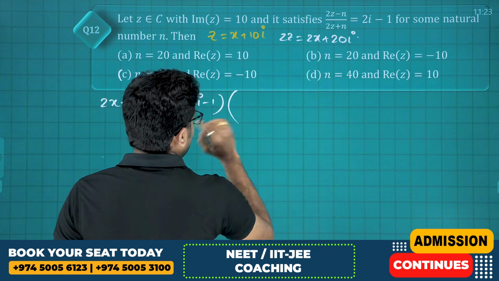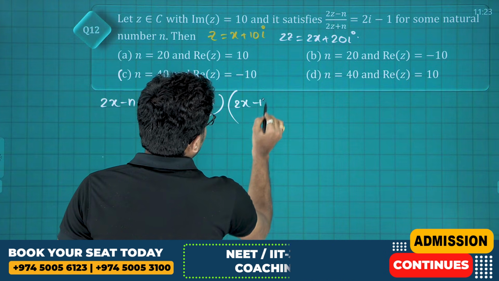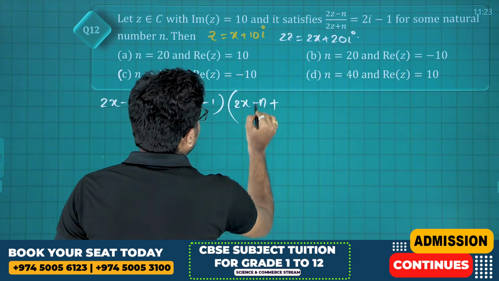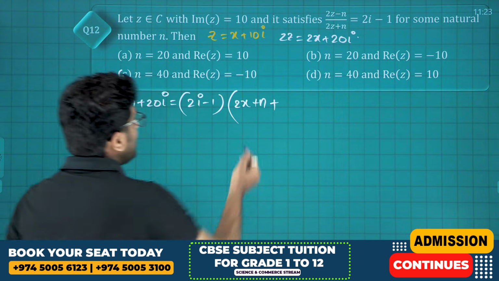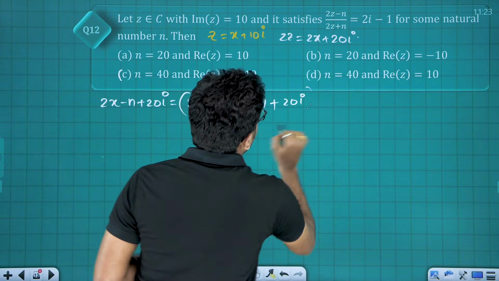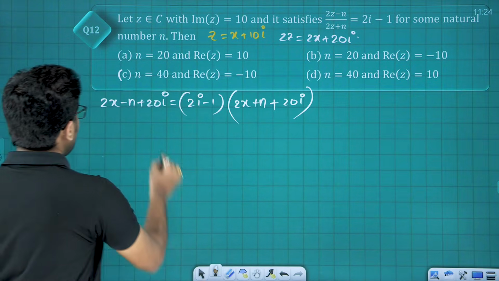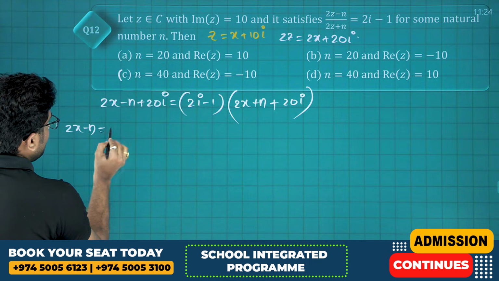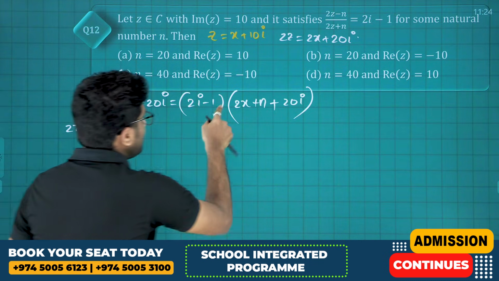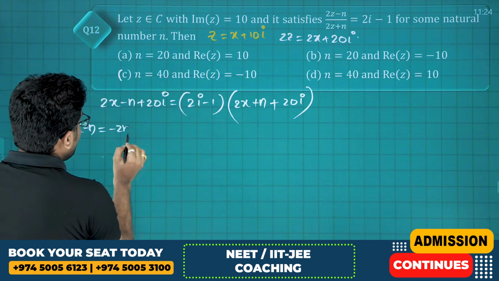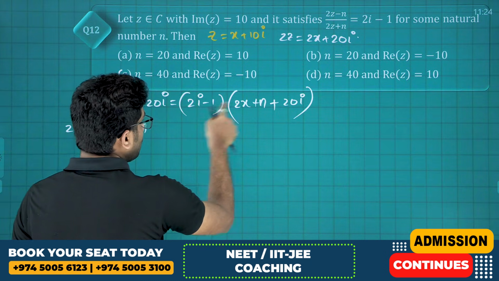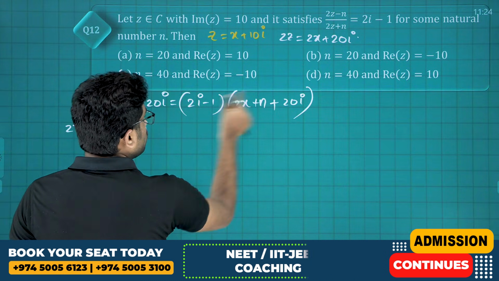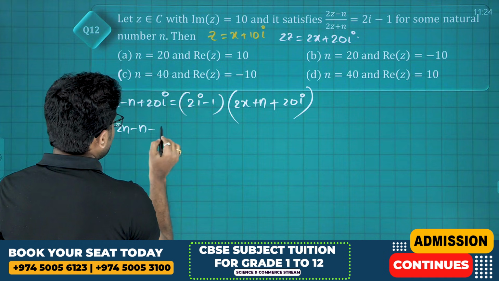2z is nothing but 2x minus n, 2x plus n plus 20i. Okay, now we'll equate real parts. The real part is 2x minus n, this is equal to the real part in this, which is minus 2x minus n, and 2i into 20i which is minus 40.